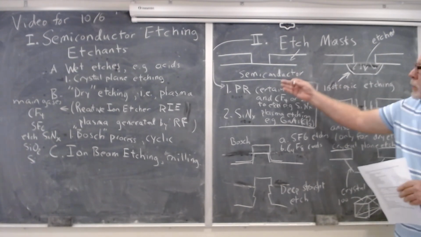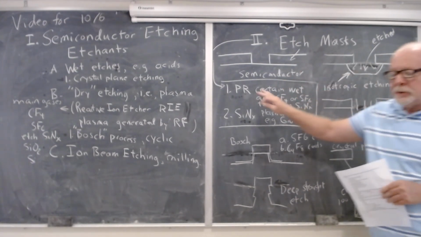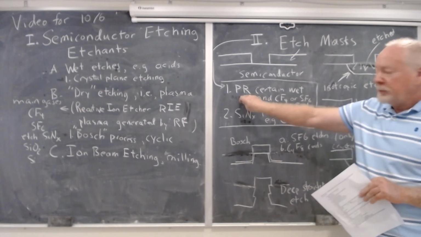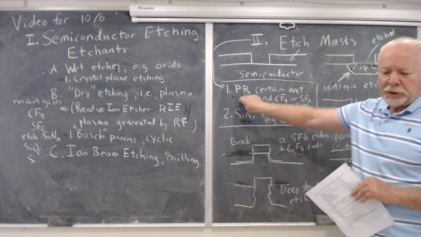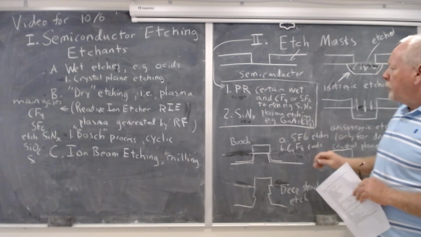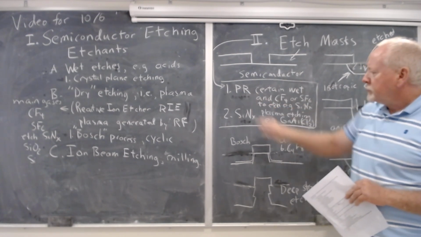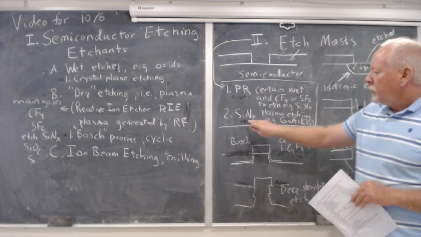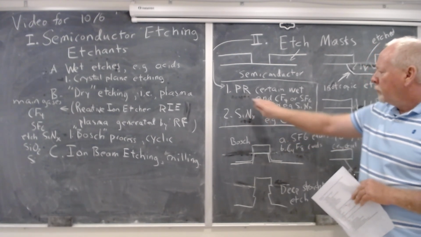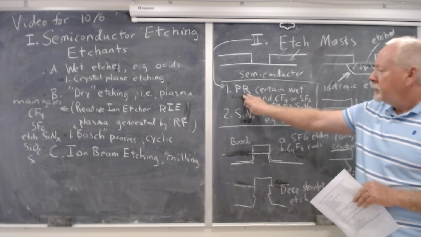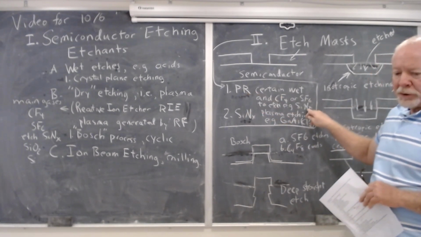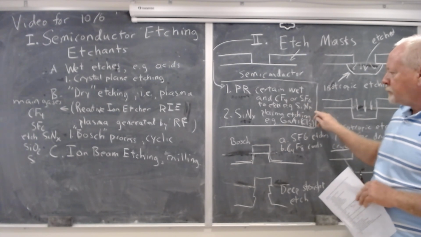And then for etch mask, there are other things you can use, but the main 2 categories are simply using photoresist itself, which can work in a lot of cases, but not always. In cases where photoresist doesn't work, you tend to use silicon nitride, and it works out nicely because photoresist can be used as an etch mask for silicon nitride using a plasma etch.